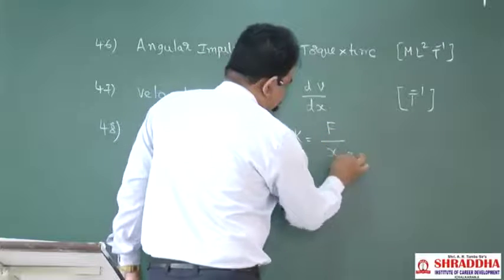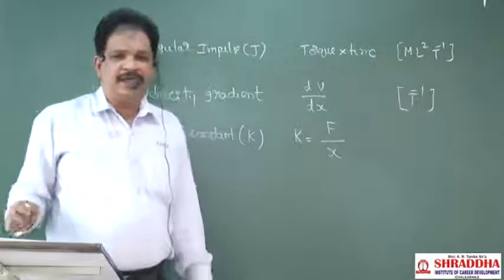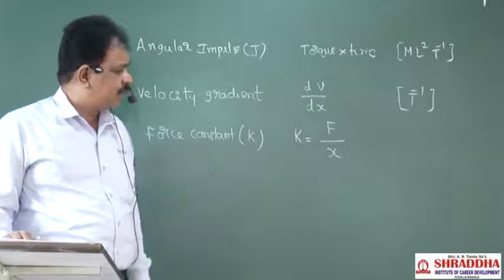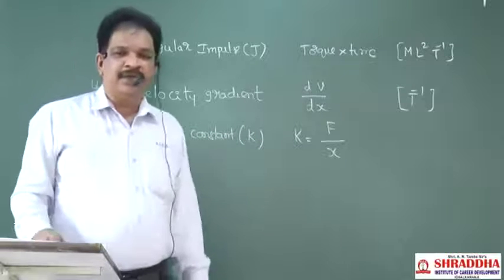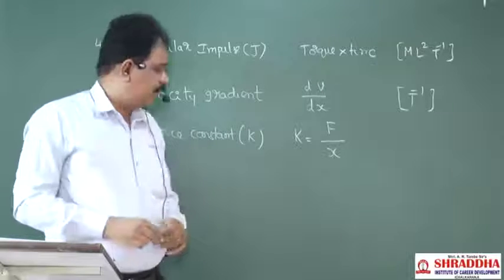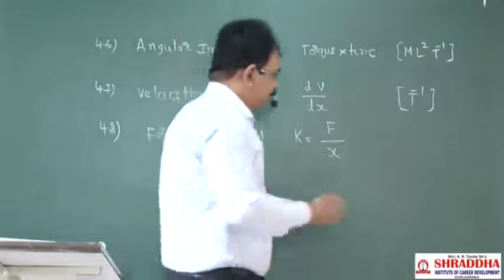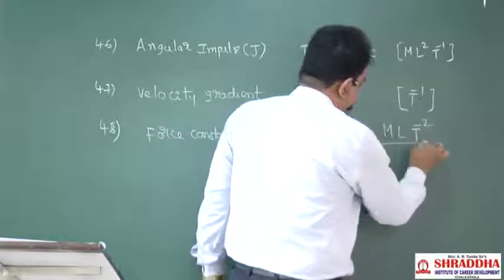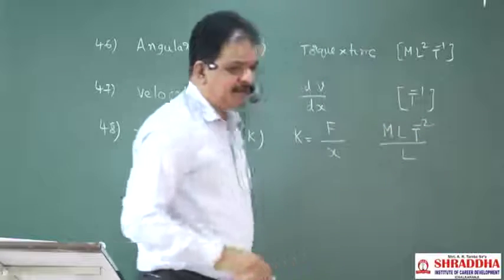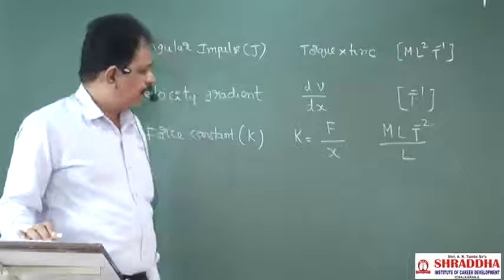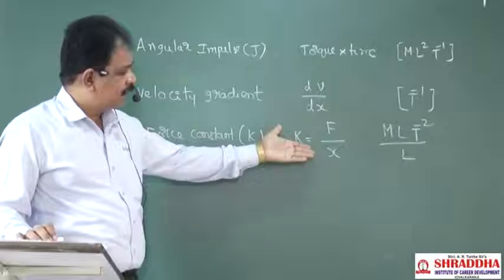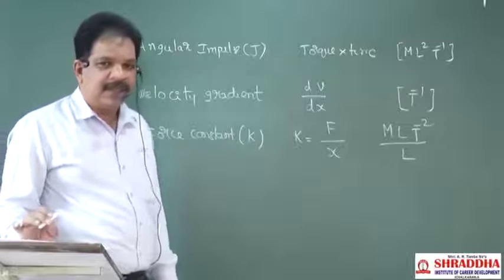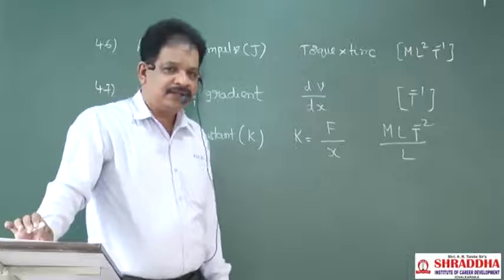F by X. Force per unit elongation will be called the force constant. So, M L T power minus 2 by elongation, which is nothing but a form of length. Change in the length will be called elongation.